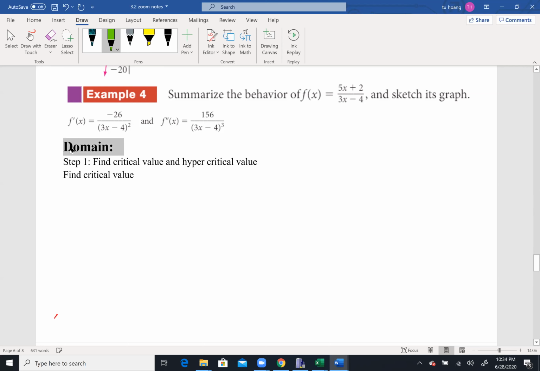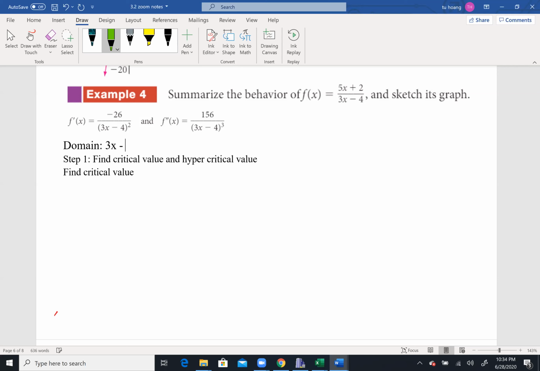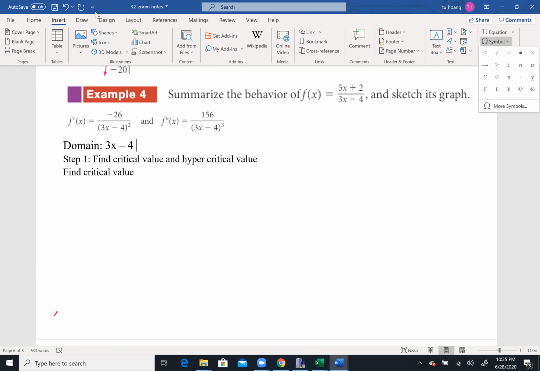So domain for f(x), you have to remember that because f(x) is a rational function, the bottom cannot equal 0. So I'm going to say 3x minus 4 cannot be equal to 0.